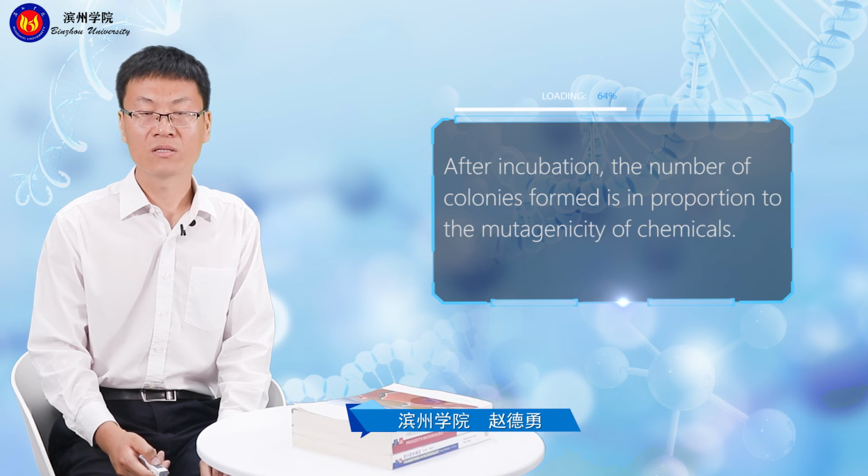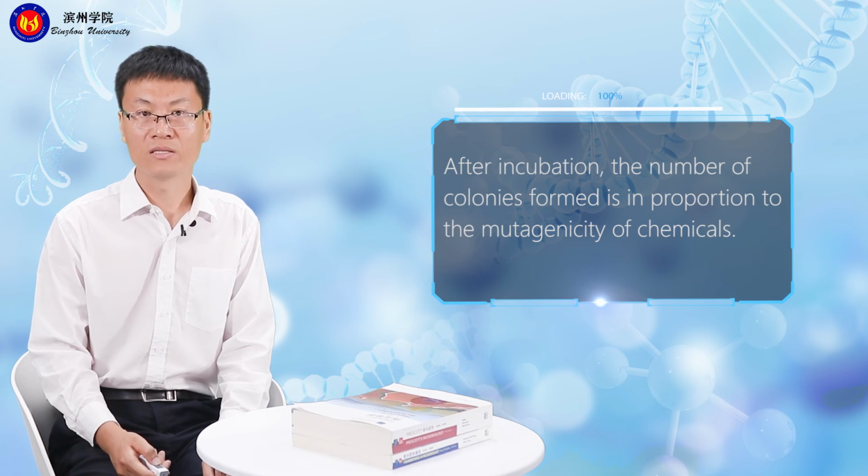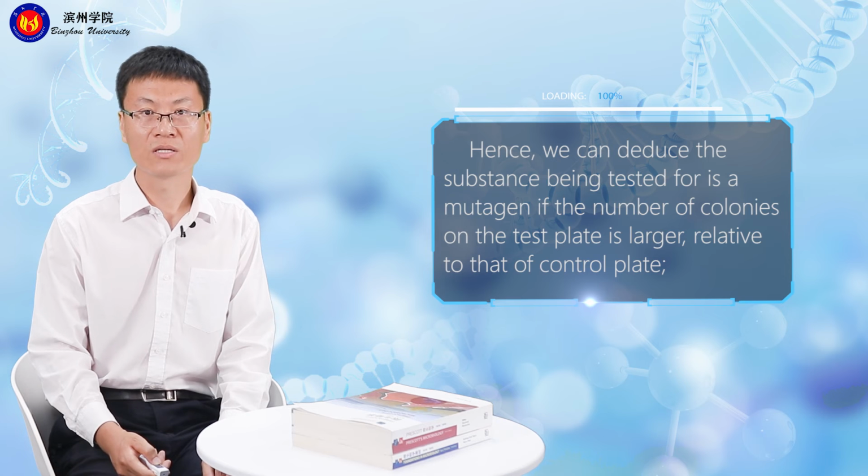After incubation, the number of colonies formed is in proportion to the mutagenicity of the chemical. Hence, we can deduce the substance being tested is a mutagen if the number of colonies on the test plate is larger relative to that of the control plate.